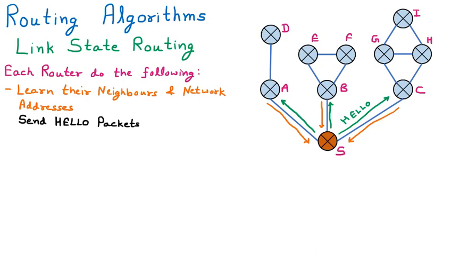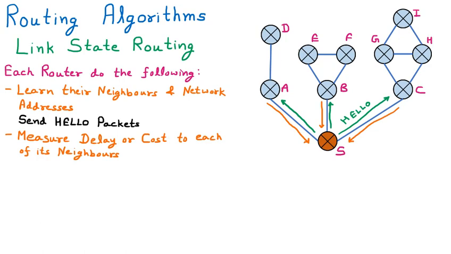Now step number 2. Step 2 says to measure the delay or the cost to each of its neighbors. After the first step, router S is aware that A, B and C are its three direct neighbors.